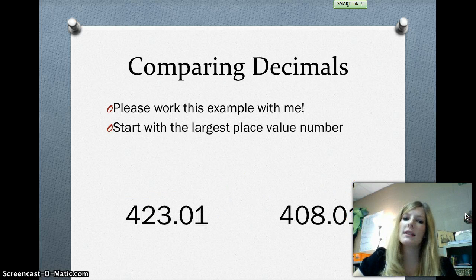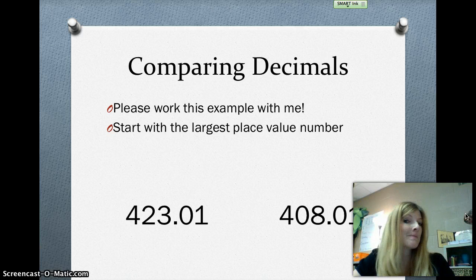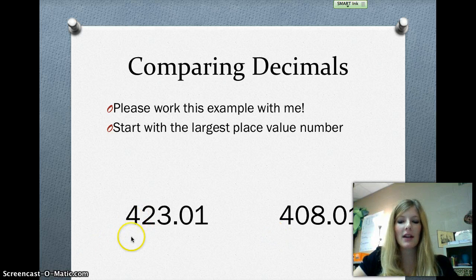So work this example out with me. We're going to start with the largest place value number. Look at these numbers, 423 and a decimal, and then 408 and a decimal. I'm going to start with the largest. Which place value name is the largest? If you said hundreds, then you would be right. I'm going to take a look at the hundreds on both numbers.